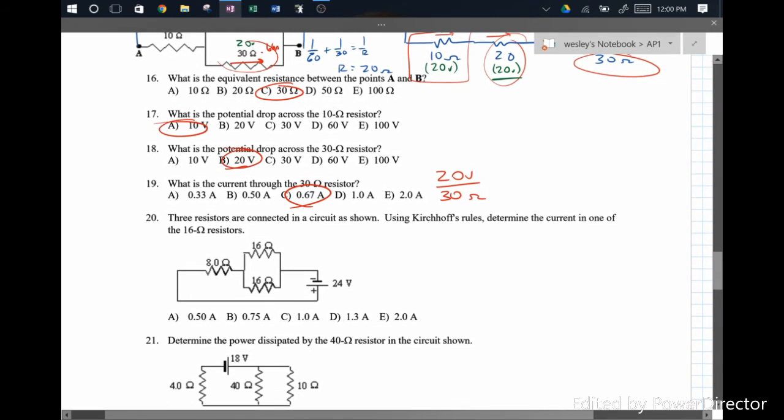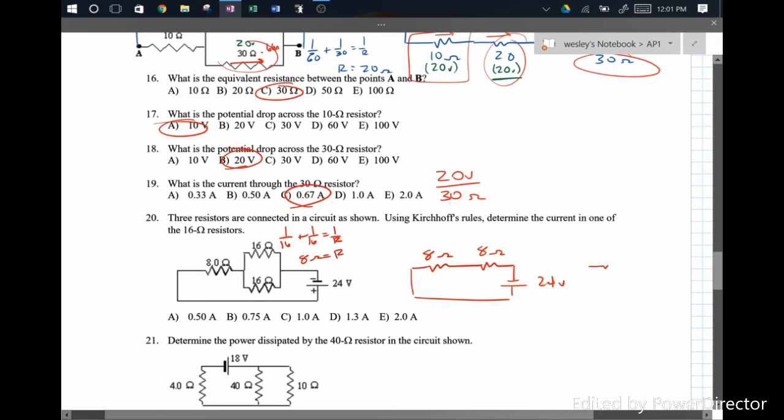Similar problem, determine the current in one of the 16 ohm resistors. So we have to take and combine those 16 ohm resistors into one resistor. So 1 over 16 plus 1 over 16 is 1 over R. Solve for that and take the inverse, and R comes out to be 8 ohms. (24 volts).